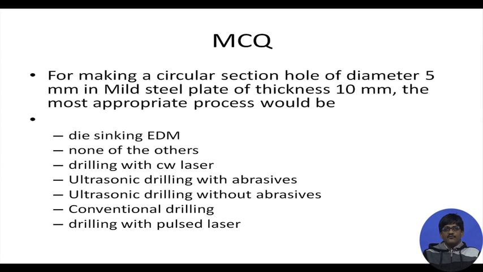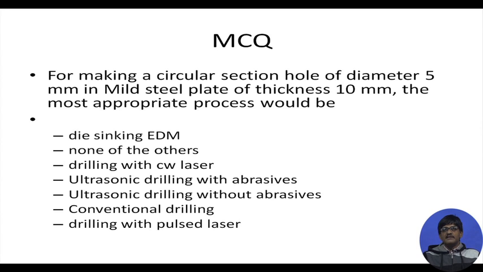Now comes conventional drilling. That means using a conventional drill tool and trying to machine the material. Last of all, drilling with pulsed laser. Just like you have continuous wave laser, you can have pulsed laser also. Now, what is this pulsed laser?